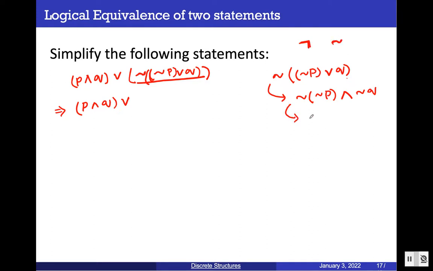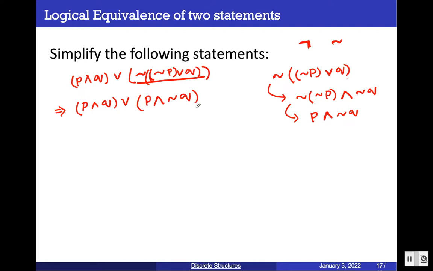So this is the same as not P, negating both of them. So P and not Q.